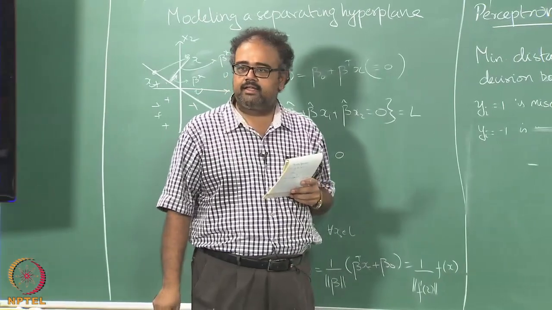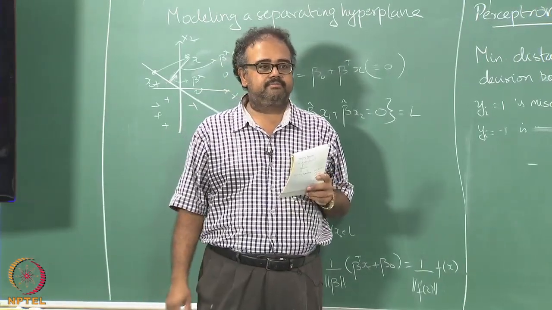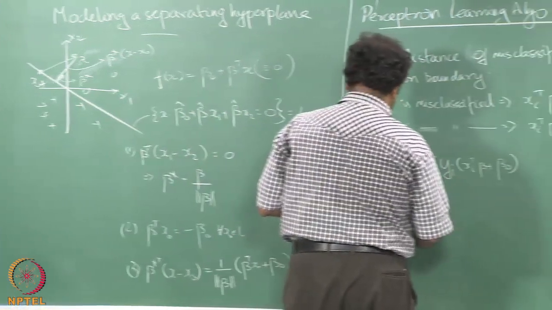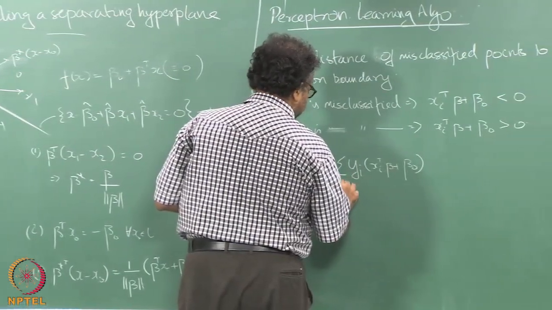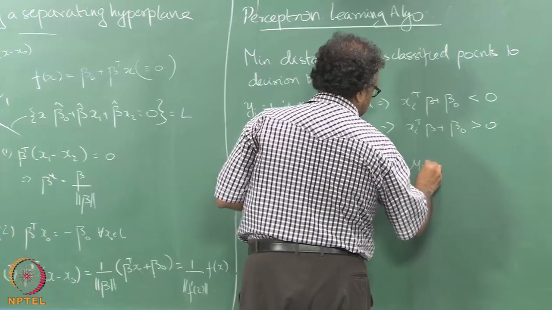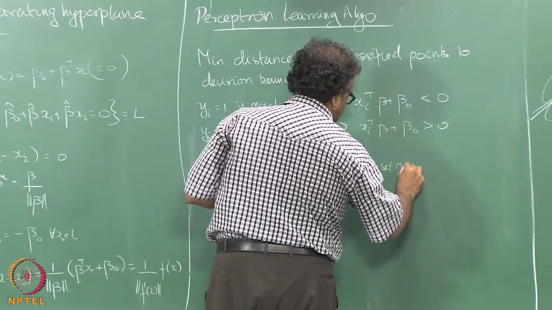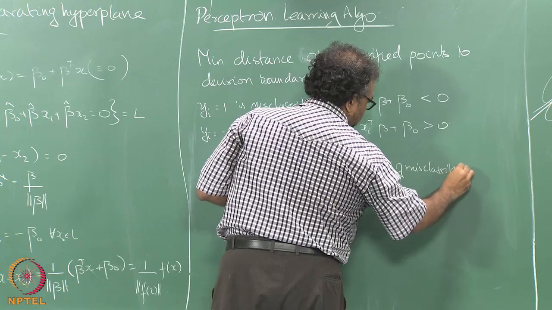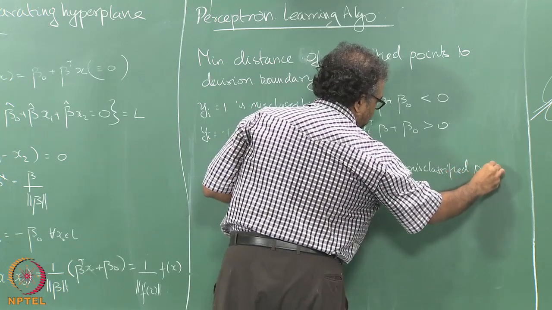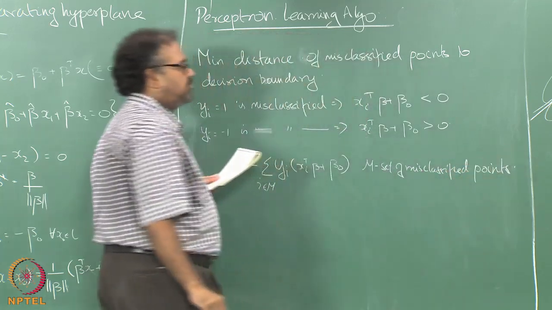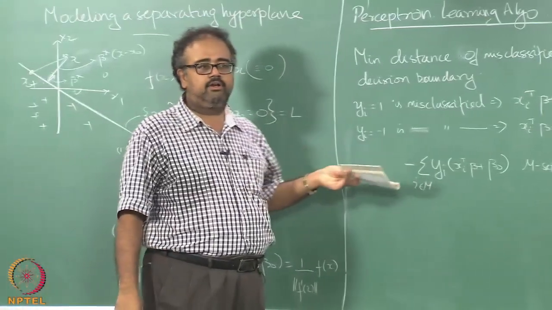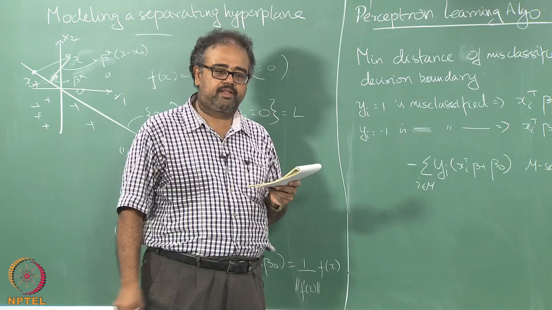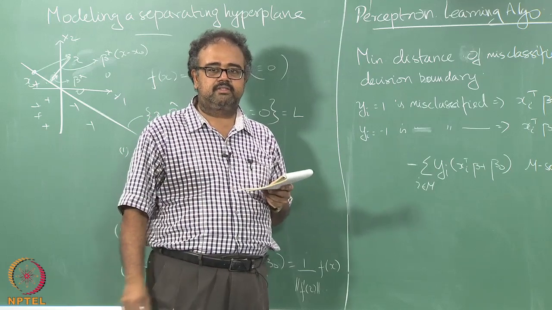I take that and I minimize it, right, for all, so take this for all the misclassified points, right, and I try to minimize this.